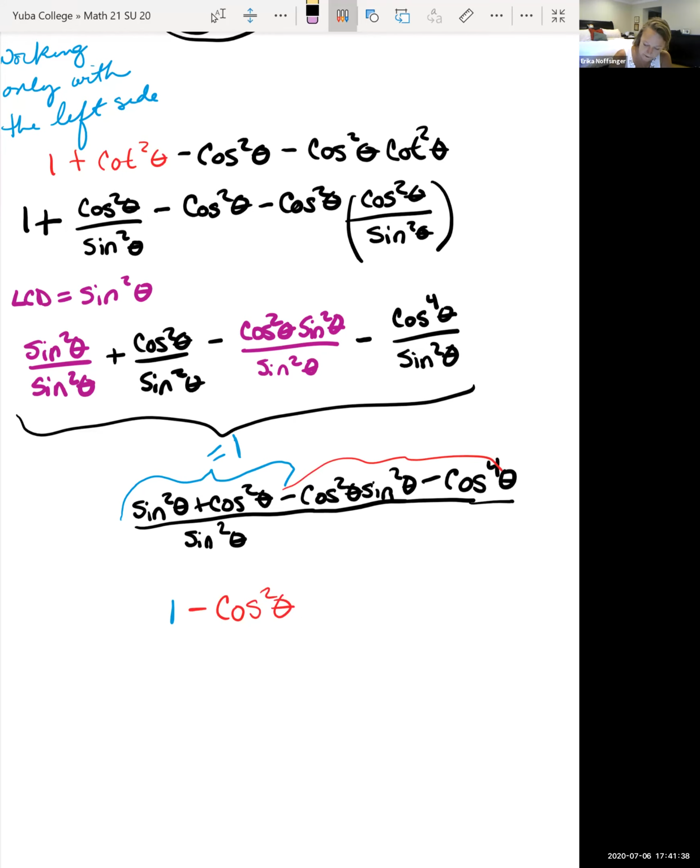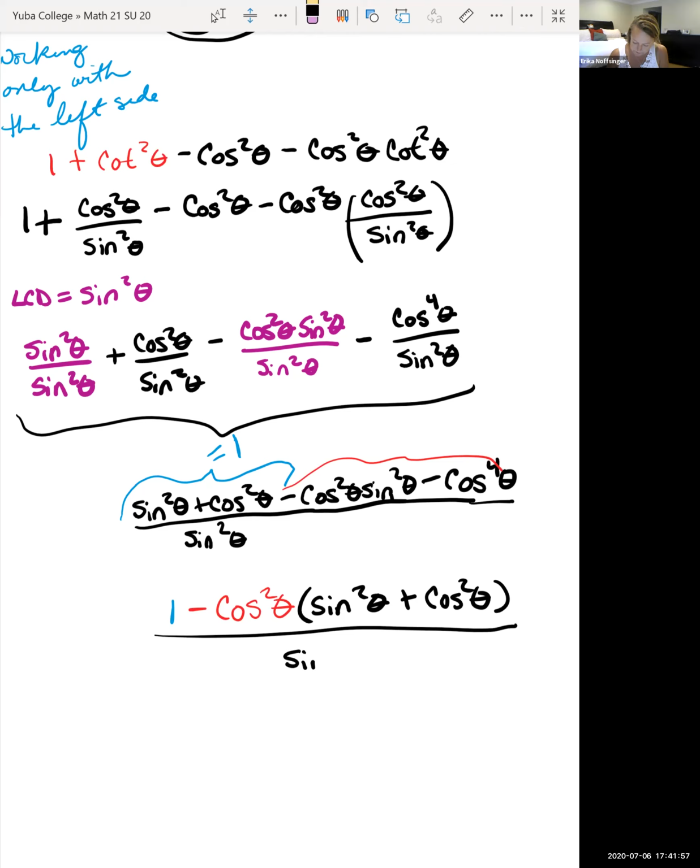We're left with a sine squared theta, plus, and pulling a cosine squared from cosine to the fourth, I'm also left with a cosine squared theta. This is all over sine squared theta. Sine squared theta plus cosine squared theta is one Pythagorean identity.